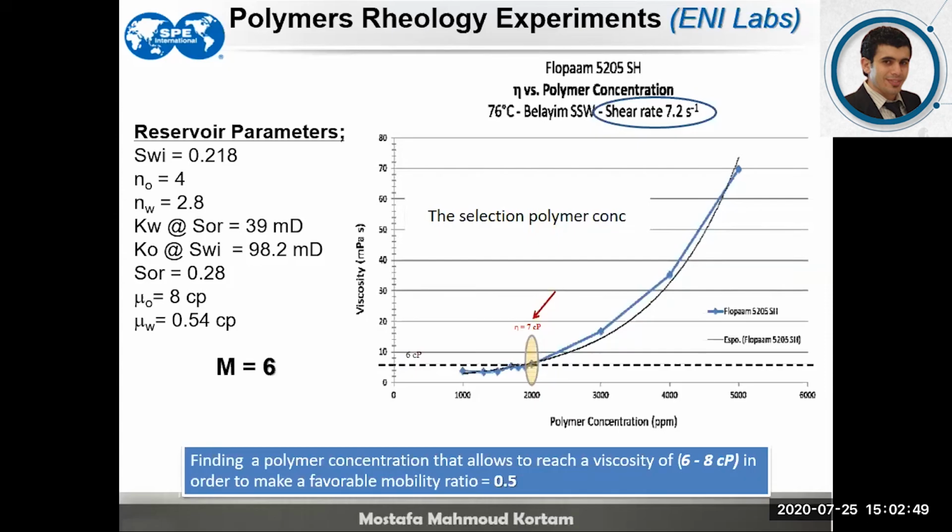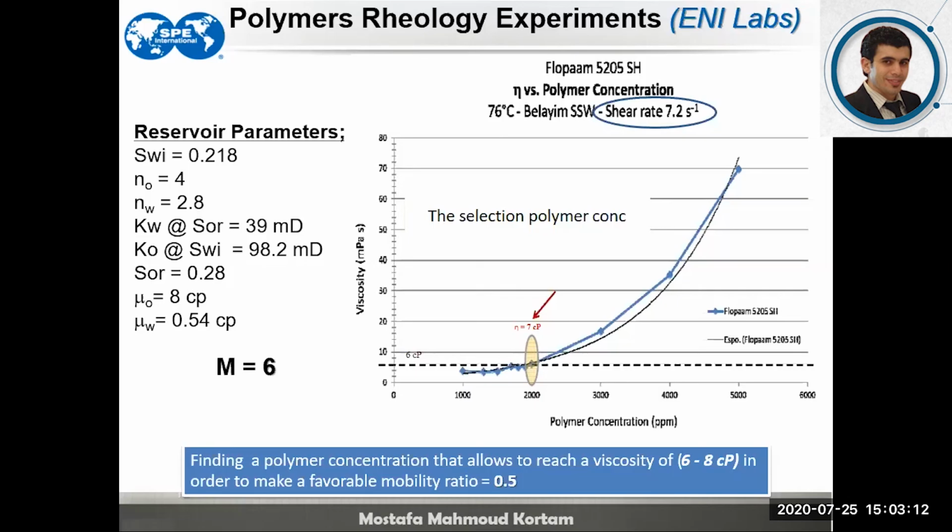The journey of the polymer starts from the mixing unit, follows the pumping scheme until reaching the wellhead and along the wellbore, passing through the packers and some restrictions in the completion and across the perforations, and then propagating into the reservoir.